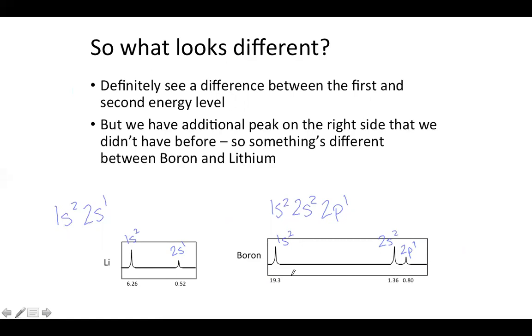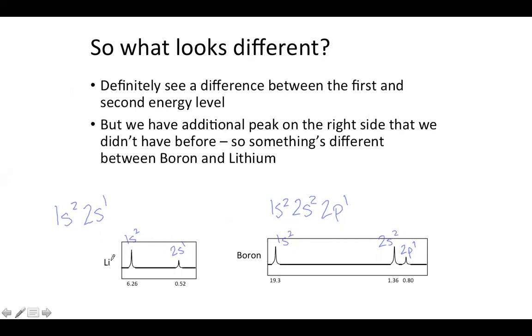When you are comparing those two, they might say, why does boron's 1s sublevel have a greater binding energy than the 1s sublevel for lithium? Now, think about why it would take more energy to remove the electrons in the 1s sublevel for boron compared to removing the electrons in the 1s sublevel for lithium.